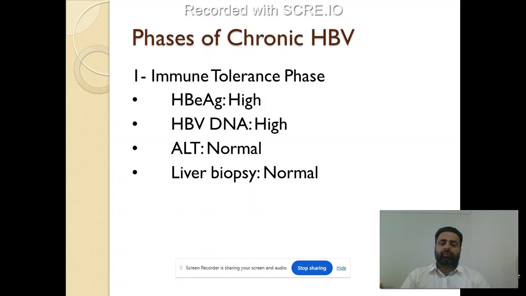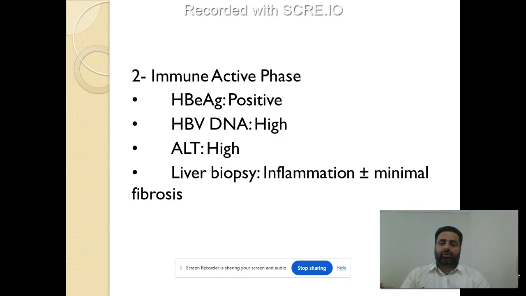HBeAg is high in this phase. HBV DNA is high, ALT is normal, and liver biopsy is normal. In the second phase, the immune active phase, HBe antigen is positive, HBV DNA high, ALT high, and liver biopsy shows inflammation plus minus minimal fibrosis.